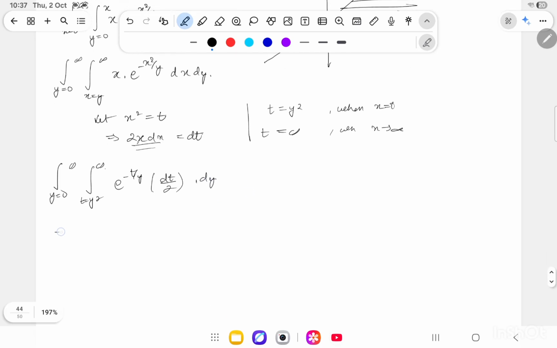Now if I evaluate it, it will be integration from 0 to infinity.